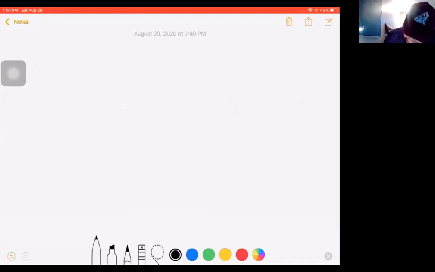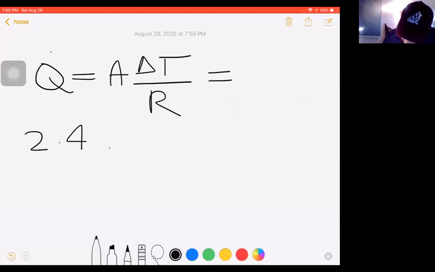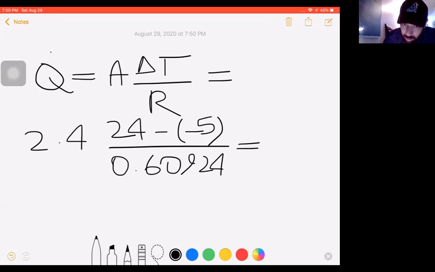So we have again lost the information here, so I will write it again. A times the temperature difference over R: 2.4 times 24 minus 5 over the equivalent resistivity, which is 0.6924, should be equal to 114.24 watts.